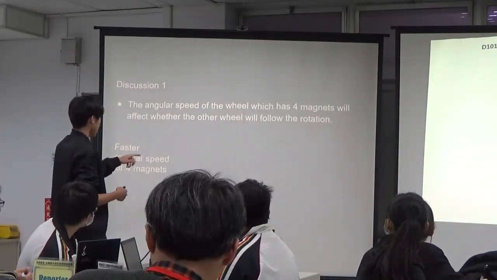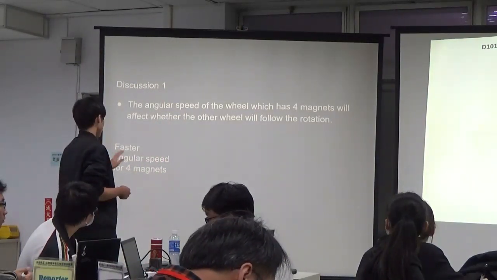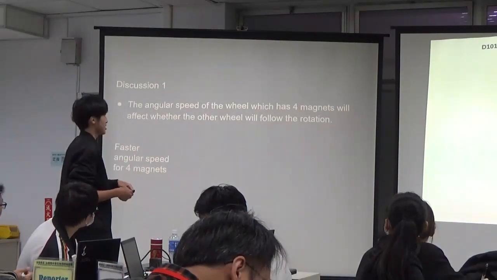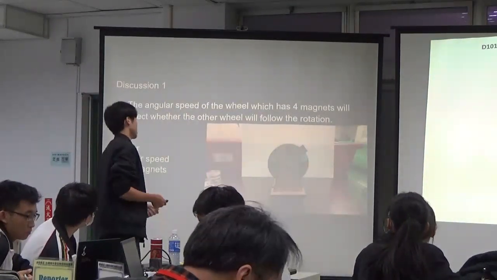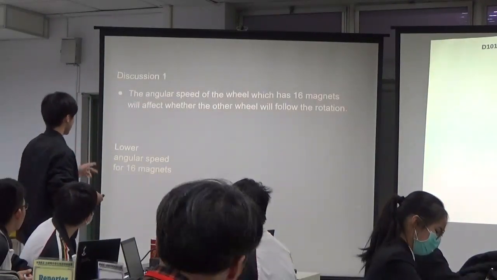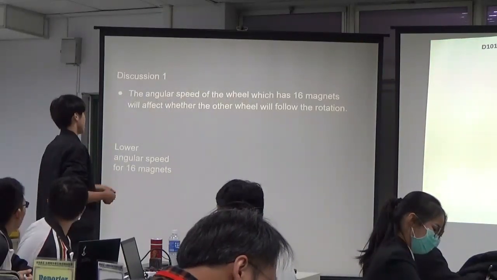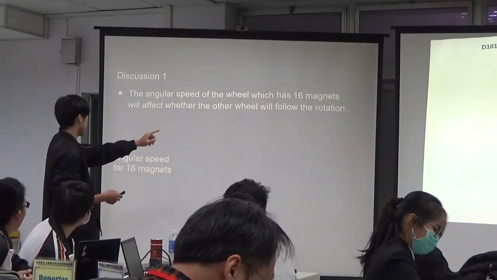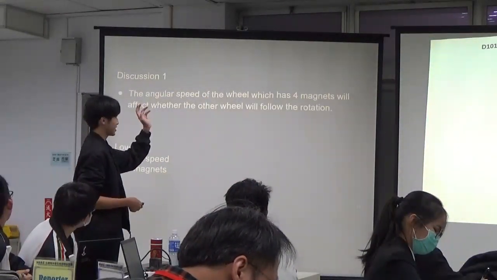But this is also the case for the disc which has 4 magnets. If the angular speed for 4 magnets is too fast, the other one, which has 60 magnets, will also fail to follow rotation. But if the angular speed for 16 magnets is low to some extent, the other wheel will follow rotation. And this is also the case for the wheel which has 4 magnets.